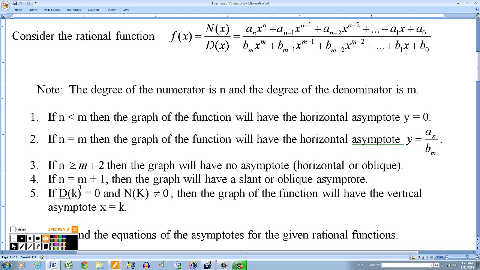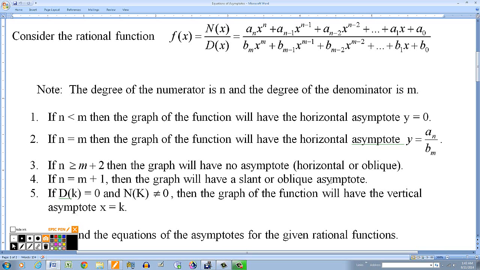Number 4: if n is equal to m plus 1, that's saying the degree of the numerator is 1 more than the degree of the denominator, then the graph will have a slant or oblique asymptote.